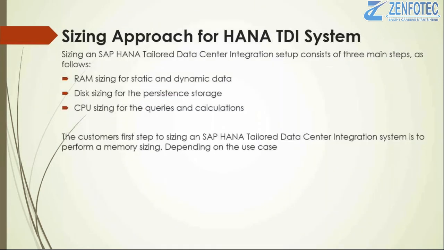So, the sizing approach for HANA TDI. Basically, we are going to see sizing for TDI. In that, we have to consider the RAM sizing for static and dynamic data, the disk sizing, that is the persistent storage, and the CPU sizing for the queries and the calculations.